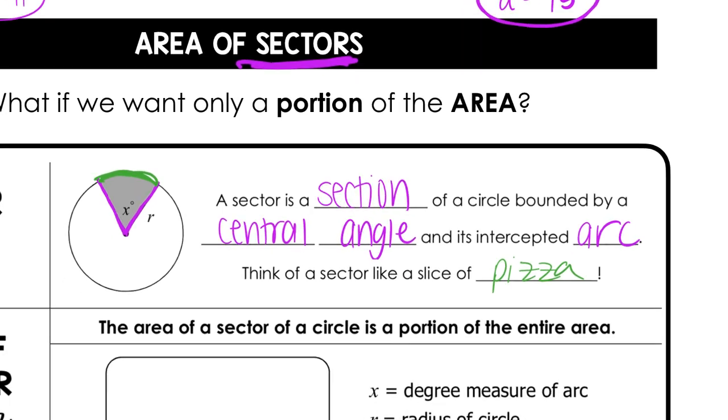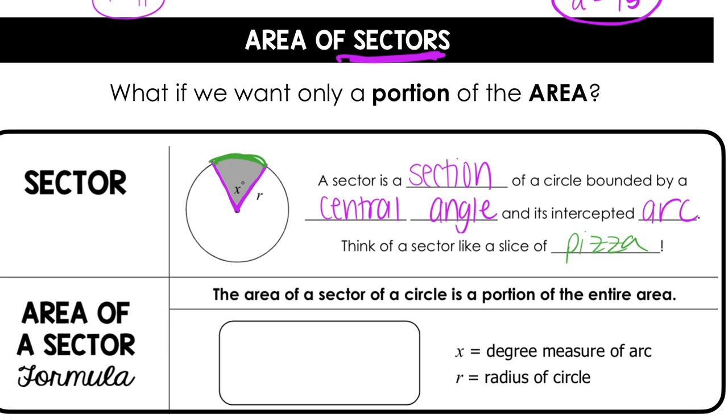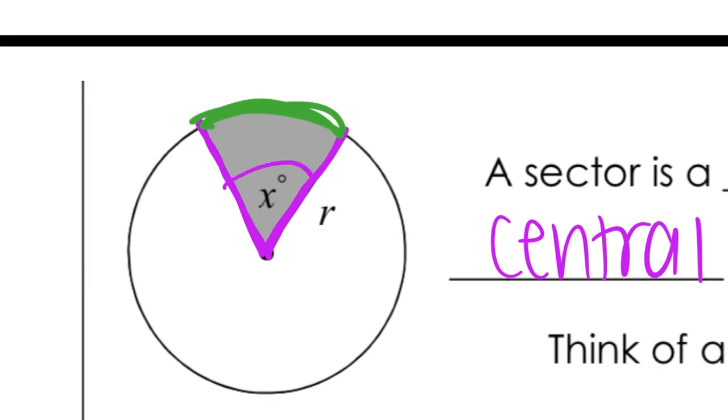To find the area of a sector, you're still going to be doing the basic area formula. The area of a circle, remember, is pi r squared. But we don't want the whole circle. We only want part of the circle. Now, circles are 360 degrees, right? So this central angle represents part of that. It represents x out of 360. The whole circle is 360, so this little angle is just part of that 360.